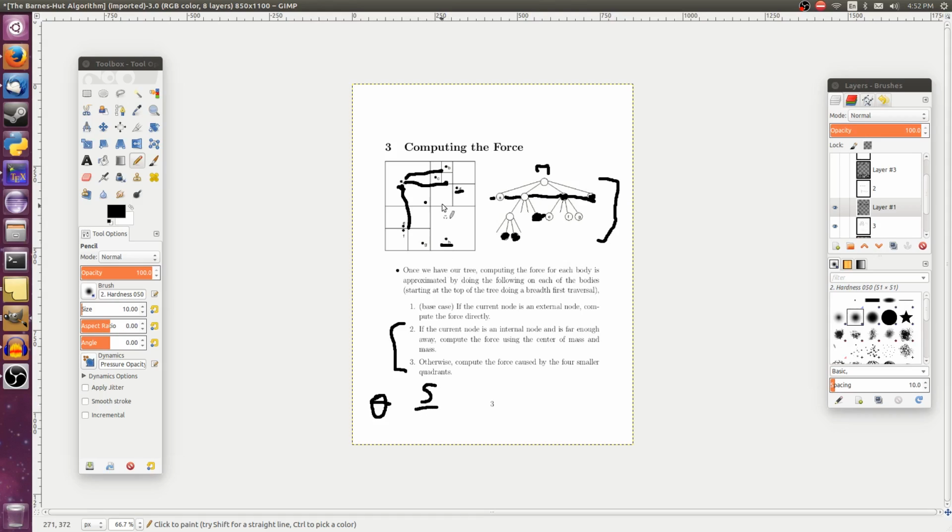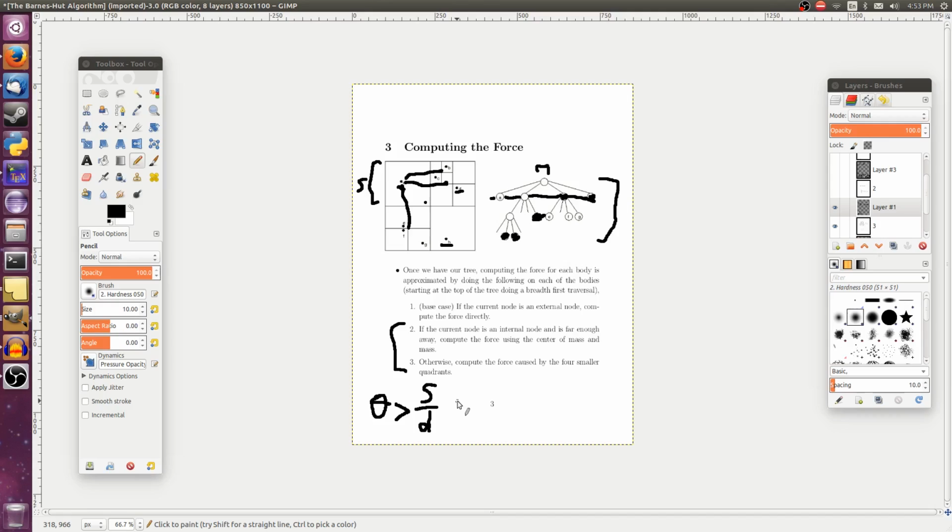which is going to be S. The node that you're at has an associated side length, S, and we're going to divide it by the distance to the body that we're interested in. And if this ratio, this S over D ratio, is less than some predetermined value, then that's how we define if it's far enough away.